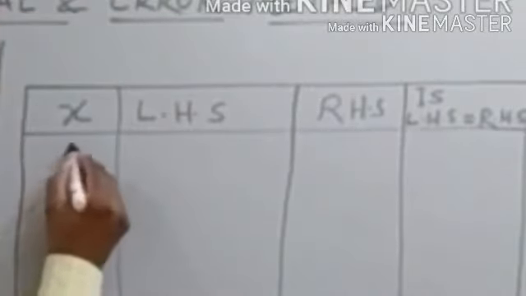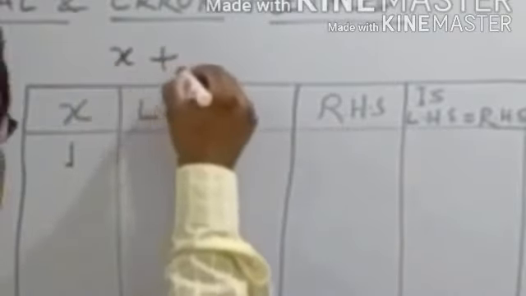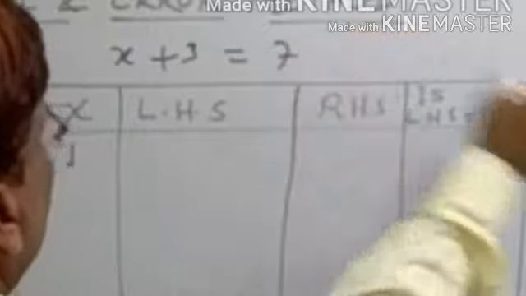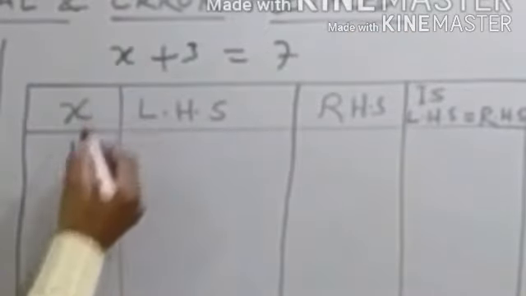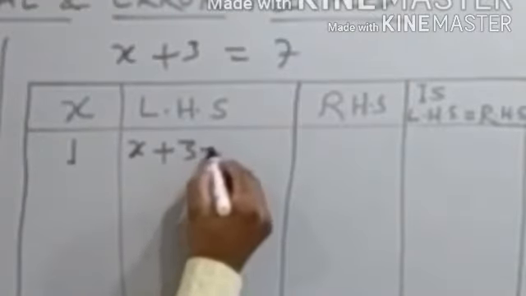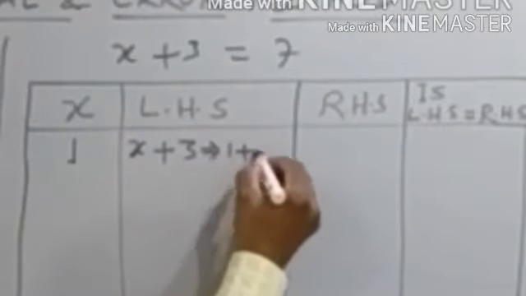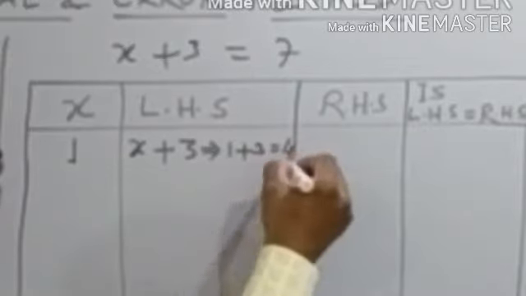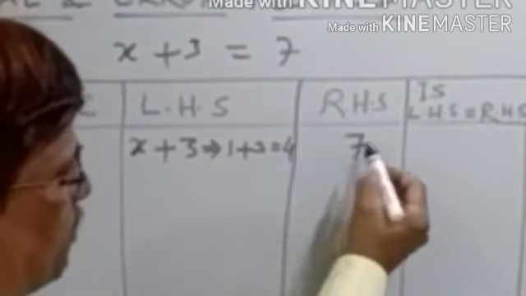Okay, so x is equal to 1. The equation is x plus 3 is equal to 7. We put the value of x as 1. Left hand side, 1 plus 3 is equal to 4, but right hand side is 7. 4 is not equal to 7.